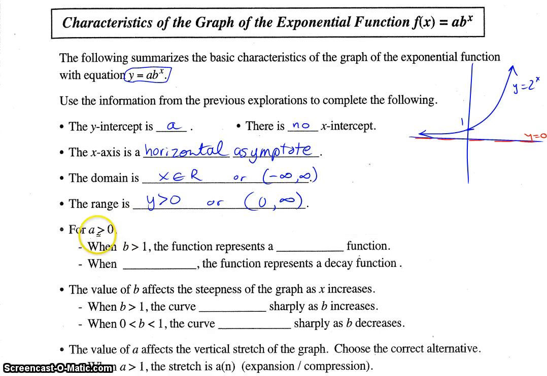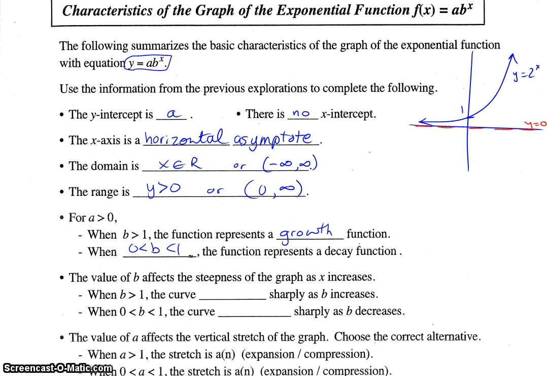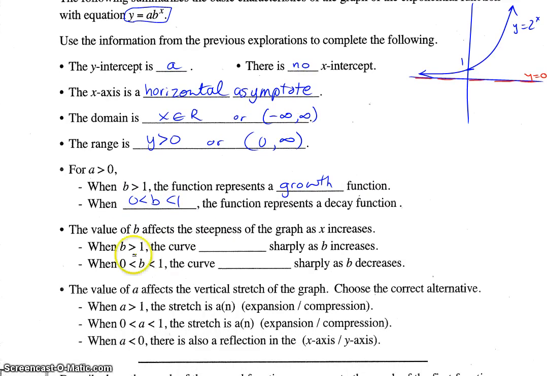If a is greater than 0, so the y-intercept is positive, and b is greater than 1, it represents a growth function. When b is between 0 and 1, it's a decay function. And the value of b affects the steepness. When b is greater than 1, the curve rises sharply as b increases, and the other way around, it falls.